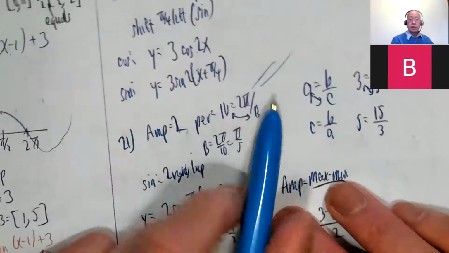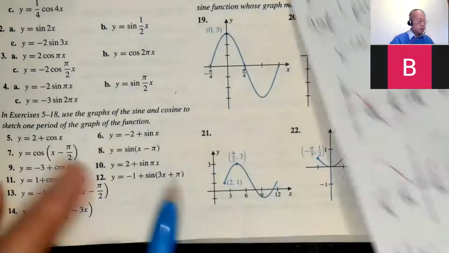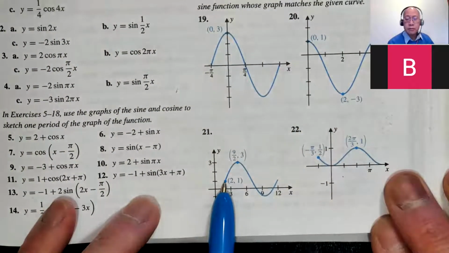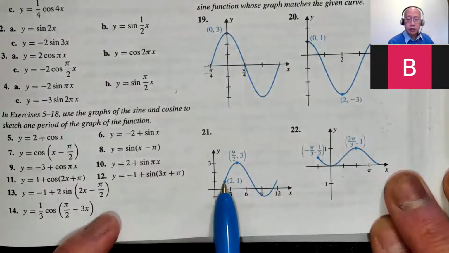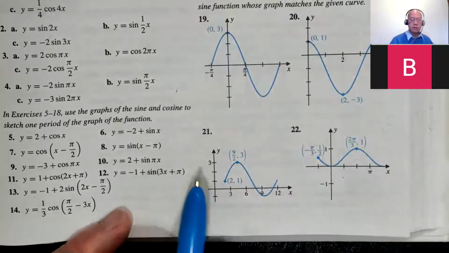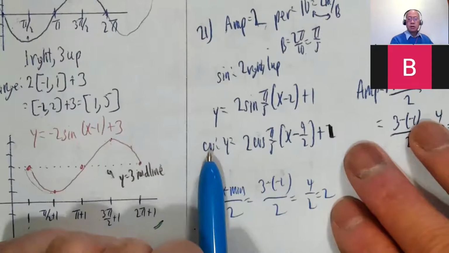Okay. And I had these examples last time I taught it, I guess. It was already here, but anyway. And 0, 0 got moved to 2, 1. This is where a sine function would normally start, right? At the bottom. So for a sine function, it would be what? 2 to the right, 1 up.